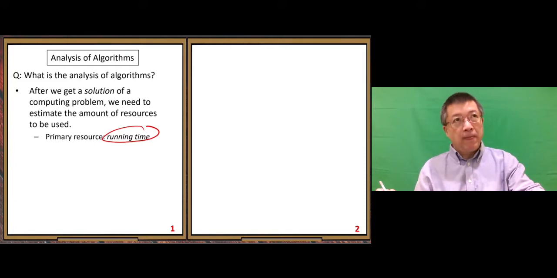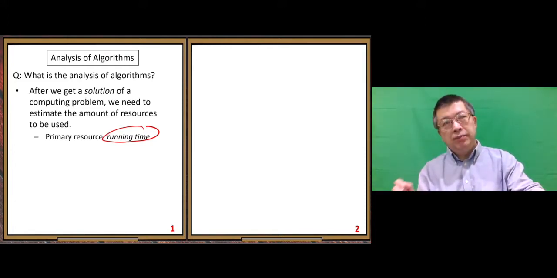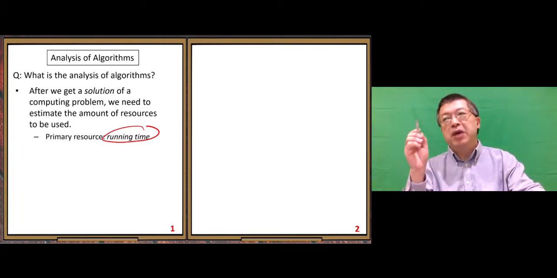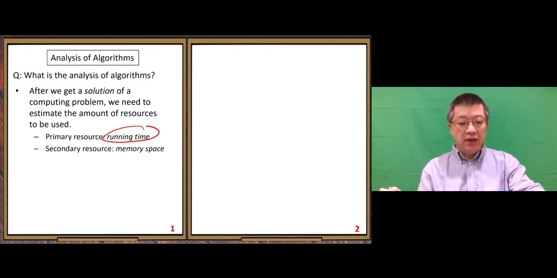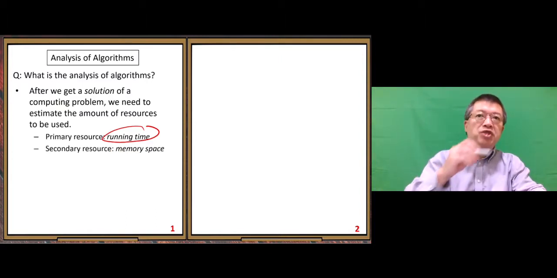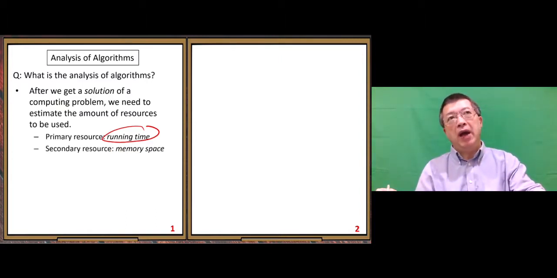The second one, less important but also worth considering, especially in some special situations, is the memory space used in our algorithms.